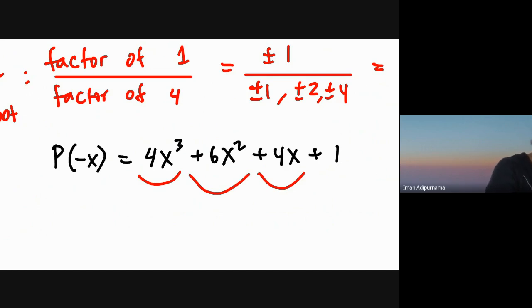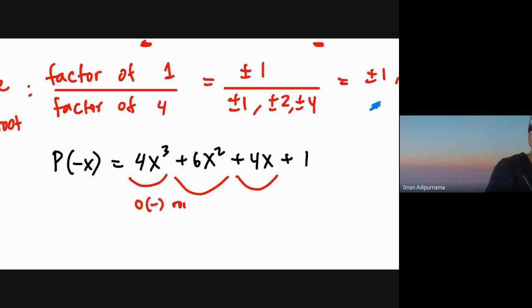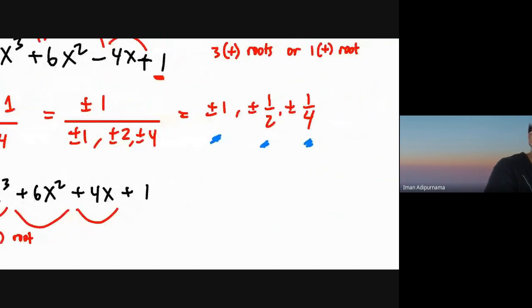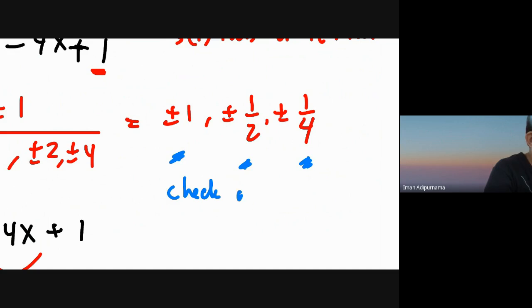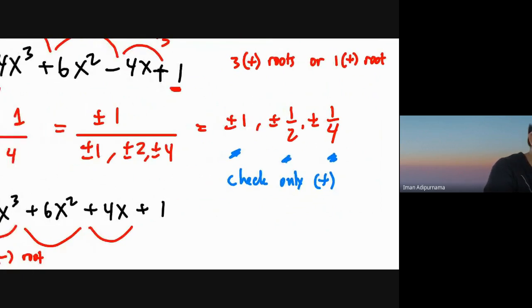We can conclude there will be no roots for negative. So we can conclude that from this 1/2 and 1/4, we can check only the positive number, because our possibility is only positive number. This is called the Descartes rule.